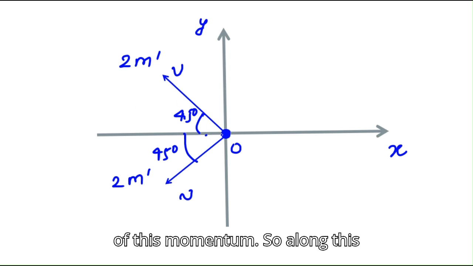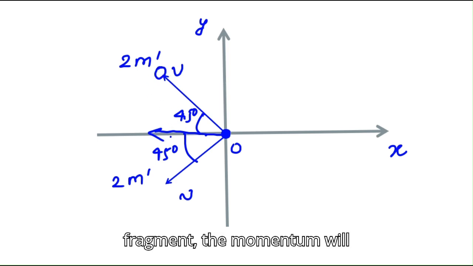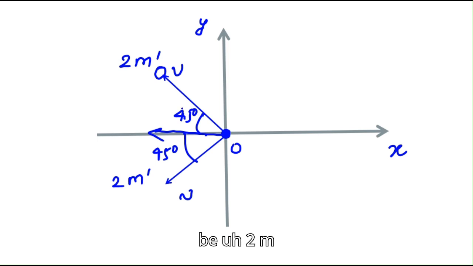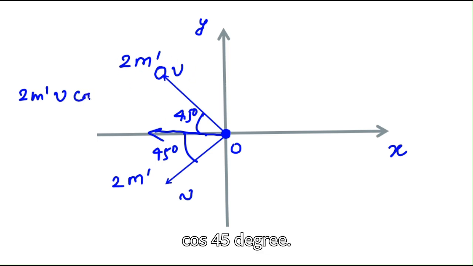So now it's time to resolve the components of this momentum. Along this direction, due to this fragment, the momentum will be 2m prime v, and the component of this should be cos 45 degrees.